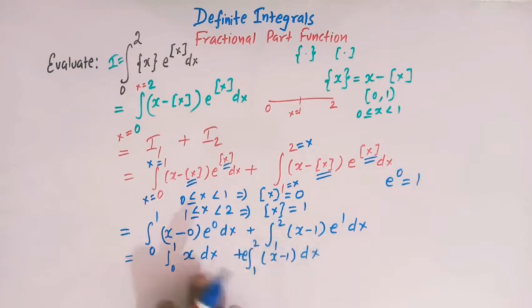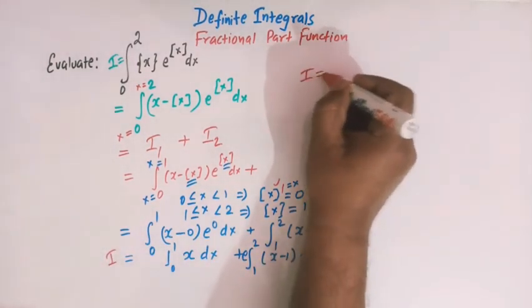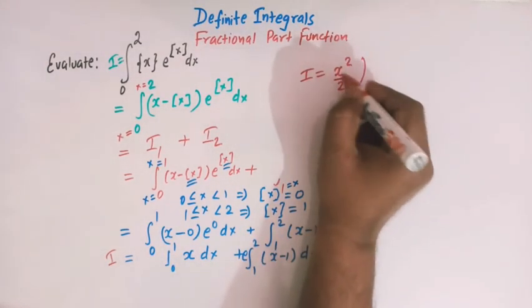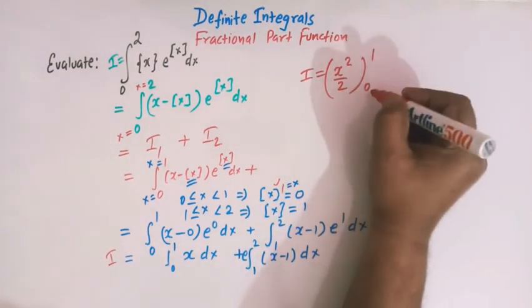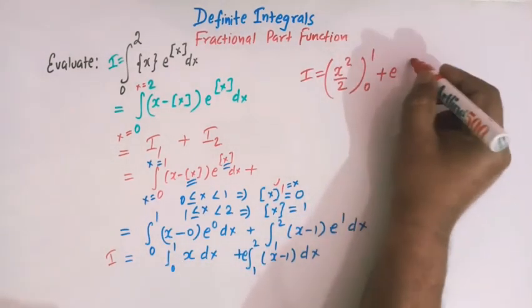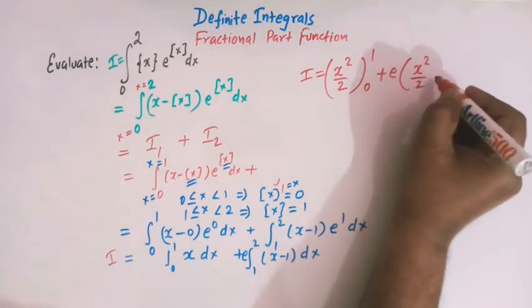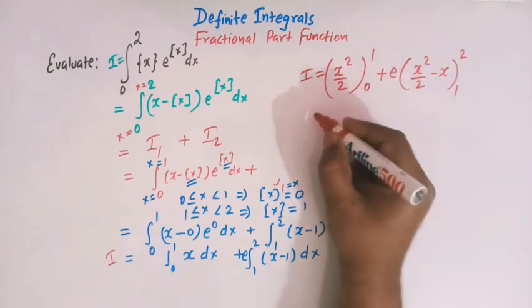Now we have these two simple integrals to evaluate. The value of I is x square over 2 with limits 0 to 1, plus e times x square over 2 minus x with limits from 1 to 2.